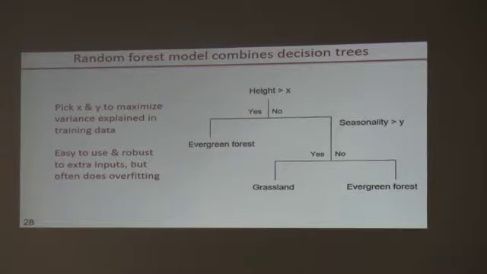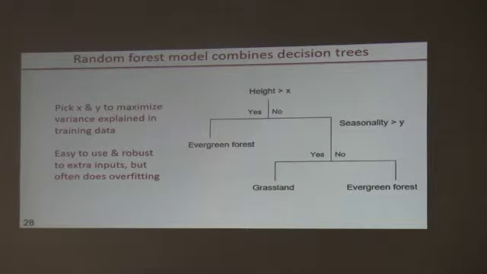And so there's definitely some clear benefits to this approach, right? It's relatively easy to use and easy to explain in a talk. And a key advantage over many other machine learning models that's particularly applicable here is it's robust to giving it a bunch of extra information that doesn't actually help your prediction.